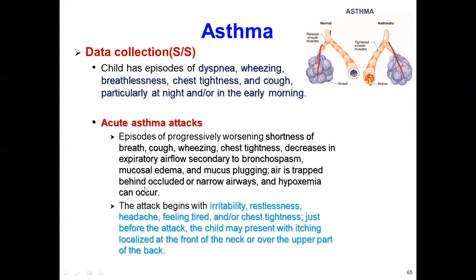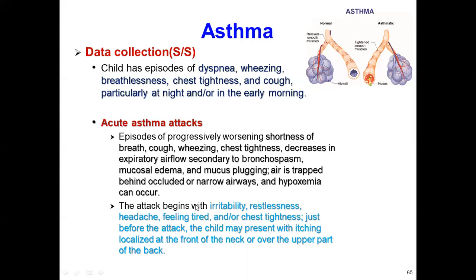Air is trapped behind the occluded and narrowed airway, and hypoxia may occur. When all of these conditions lead to less oxygen to the tissue, less oxygen in the blood, we call it hypoxemia.